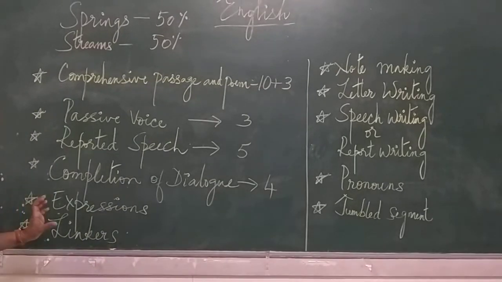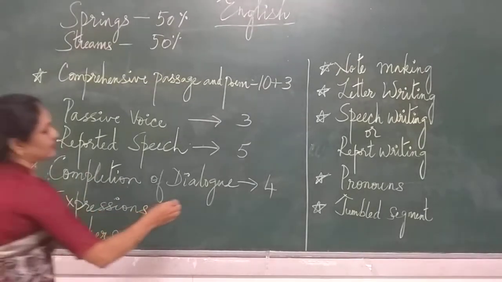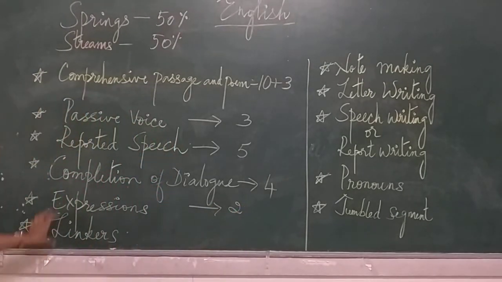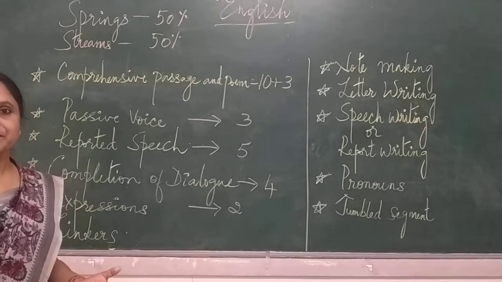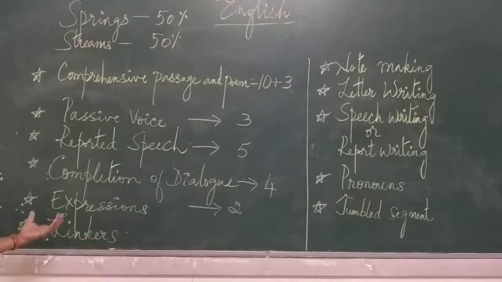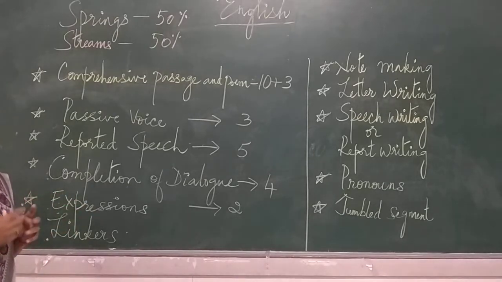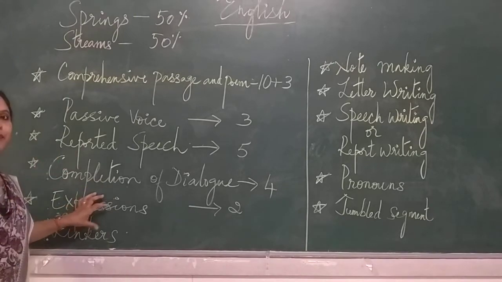Okay, now the next one is expressions. For this, 2 marks. In expressions you will be given idioms and phrases or phrasal verbs. Then you will be given 3 options, from which you have to choose and write in the appropriate places.